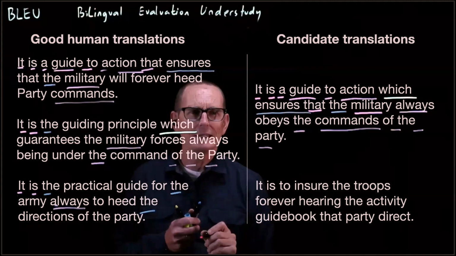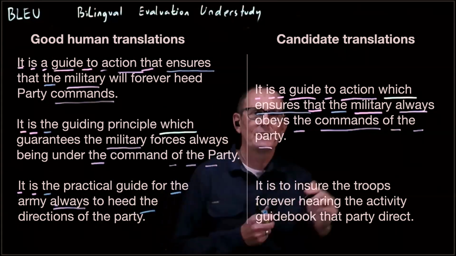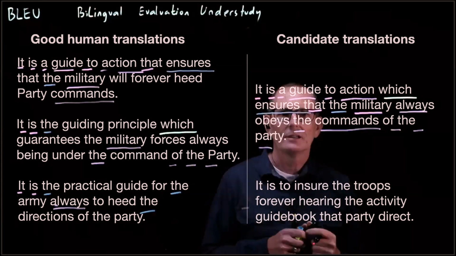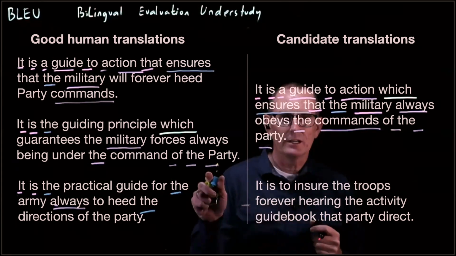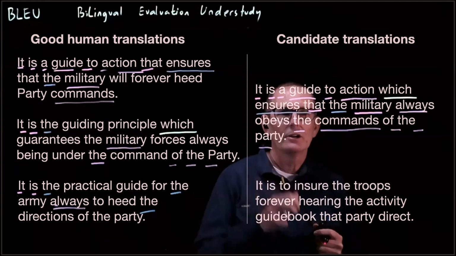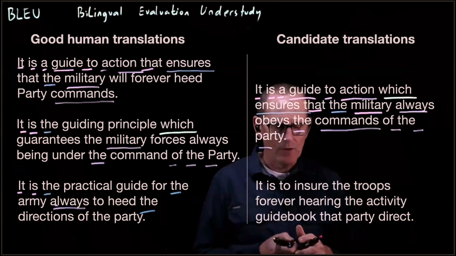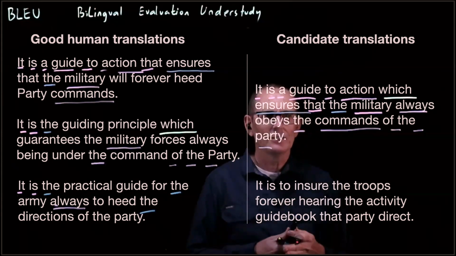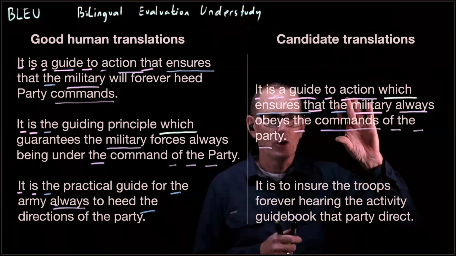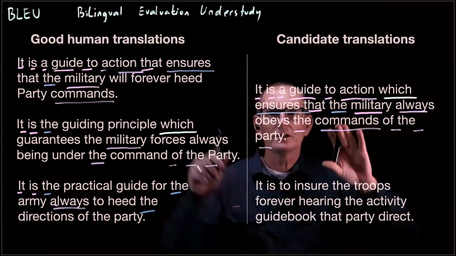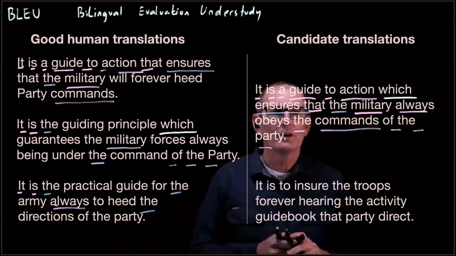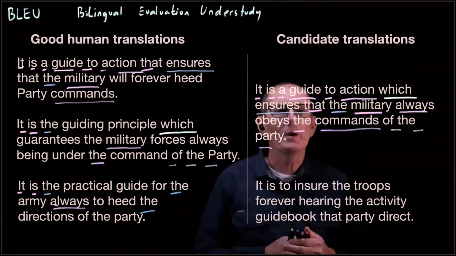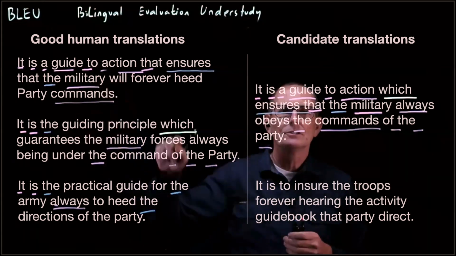And let's assume we're doing one thing. That is, we're making everything lowercase. Okay? So party here and party here, we're going to assume are the same. Now, if we look at the second, so if we look here, almost every word appears somewhere here. Right? In fact, all but one of the words, obeys, appears somewhere here.